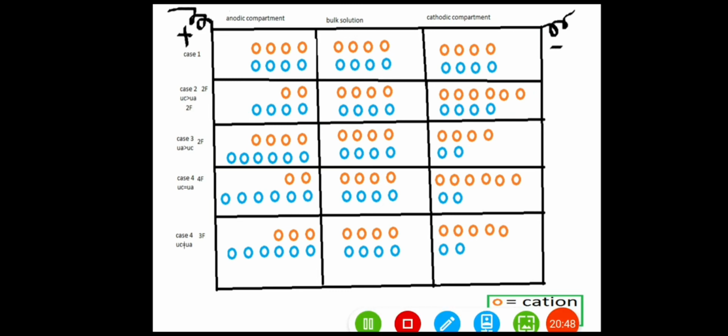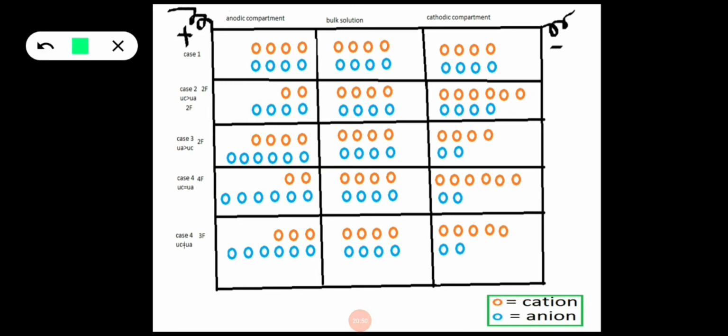Let us take 3 Faraday of current is passed, 3 Faraday of charge, or 1 ampere current passed per second. Let us take the speed of cation is 1 and the speed of anion is 2. Speed of cation is 1, so 1 ion will move from here to here and again it will come into this chamber.